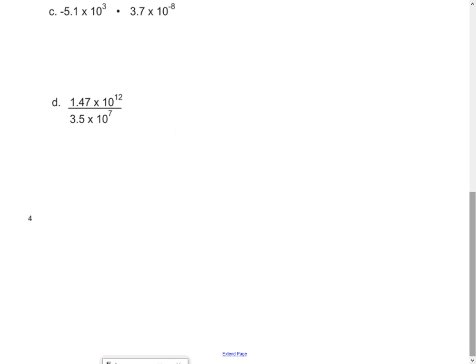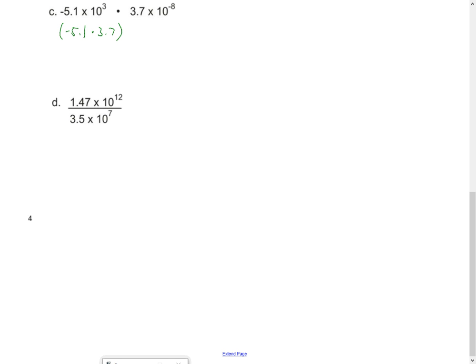Second one, similar. Uh-oh, we got a positive number and a negative number. Is that an issue? What's a negative times a positive? So we're expecting this number to end up negative, right? A negative 5.1 times a 3.7. Now, quite honestly, I'm not even doing that one in my head.